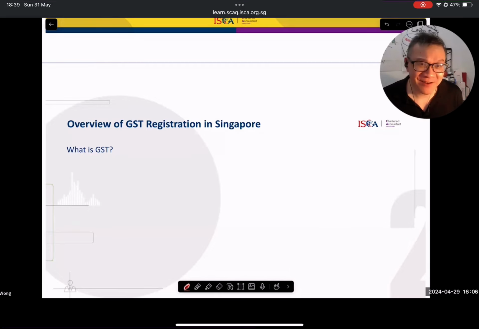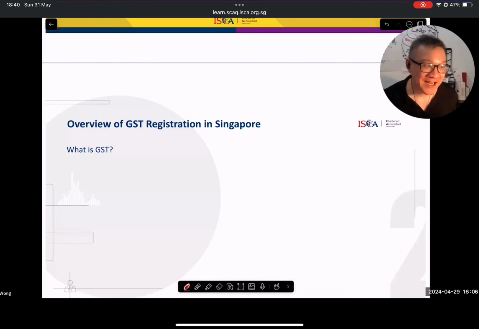Well, the answer is maybe, because if you are doing well, congratulations. And if you are doing well, and in terms of the revenue, when you hit the threshold, guess what? You have to register for GST, regardless of whether, oh, but you know, I'm not a company, so why do I register? Well, GST in Singapore applies to persons, okay, not companies only. So you have to understand that.